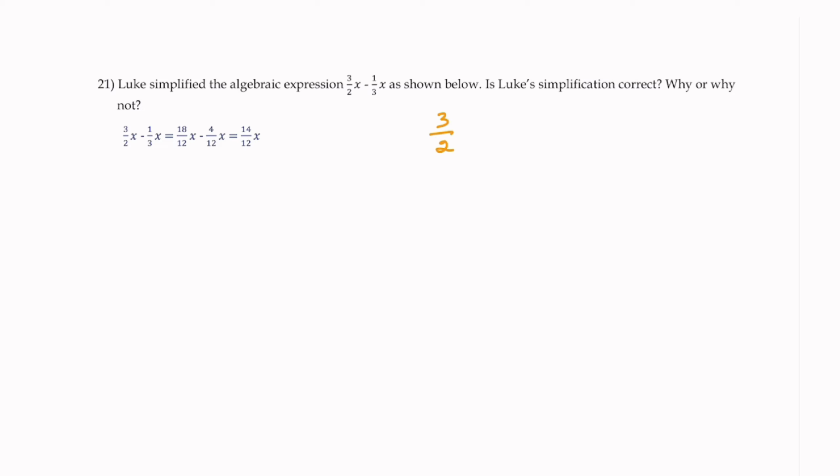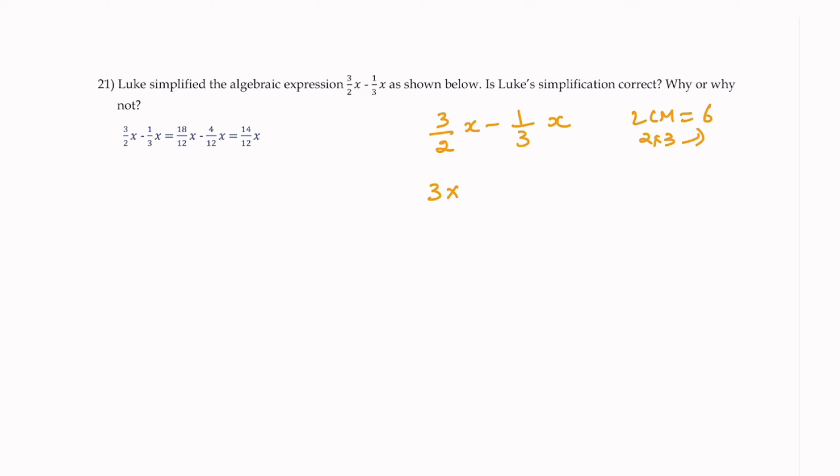3 over 2x minus 1 over 3x. Nothing is common here, which means our LCM is going to be 6. That's 2 times 3. We multiply the denominators to get the LCM. So let's equalize our denominators.